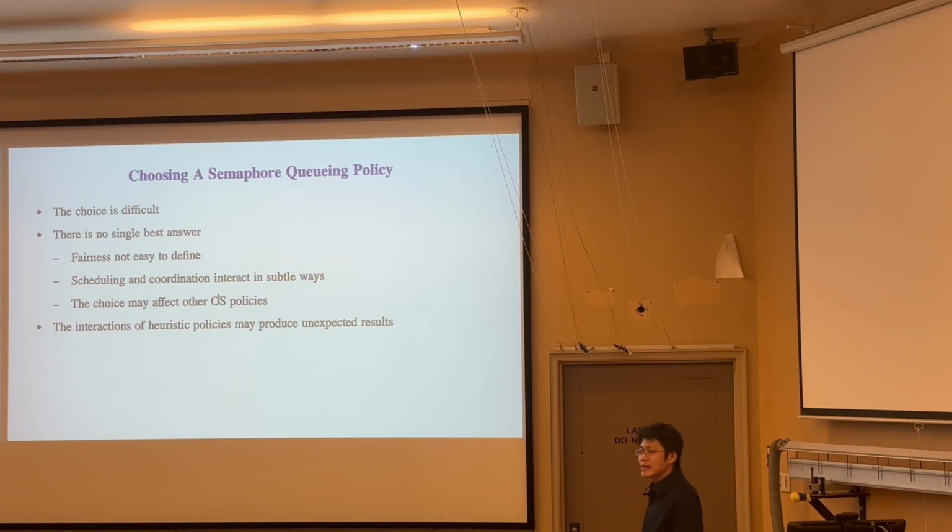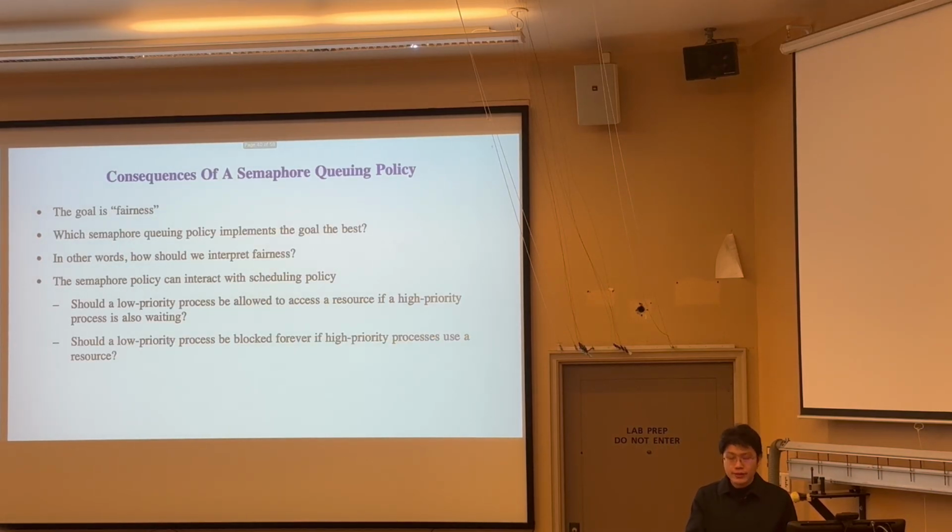That's why in Linux they pick first in, first out, which means that for the first question, it is true. A low priority process, if it gets ahead in the queue, can prevent a high priority process from accessing the shared resource. For the second question, it is not true in Linux, because the semaphore queue is first in, first out, so a low priority process will not be blocked forever, because the queue will be drained in first in, first out order.